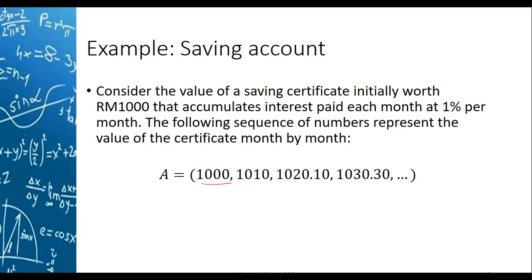And then the next month your 1% comes from your 1010, not from your initial position. So that's why you have 1020.10 ringgit and so on. You can calculate this easily.